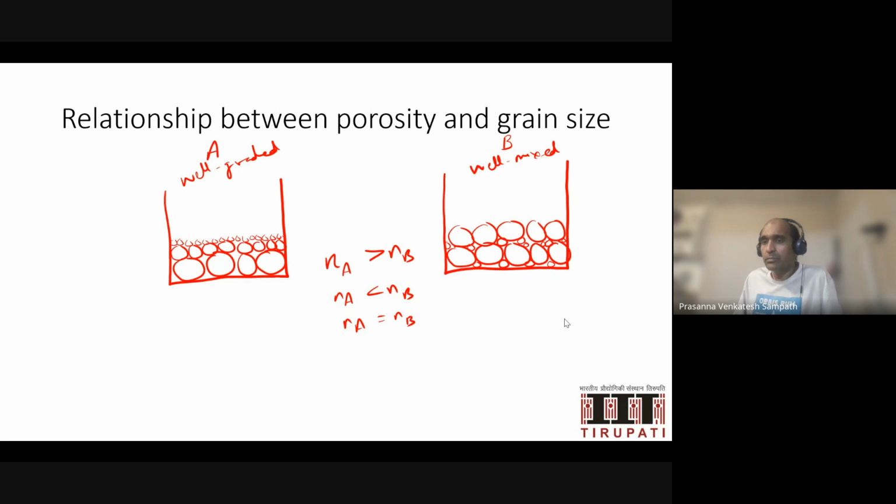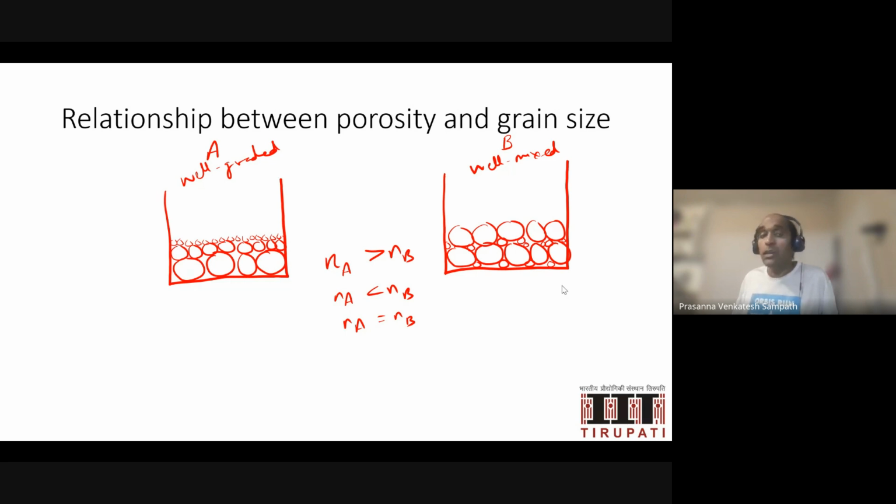Good. We've got 11 votes so far. Let me just end the poll unless anybody wants to vote. Okay, see the results. 12 votes so far. 11 people voted for NA greater than NB, and that is the correct answer.